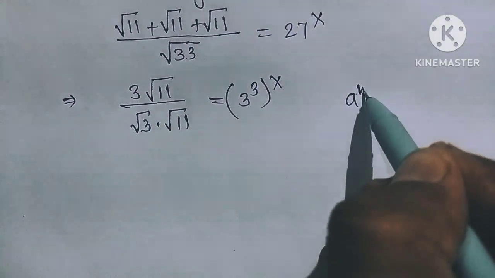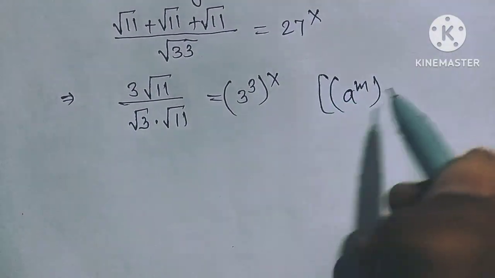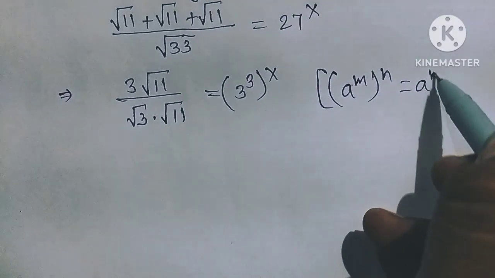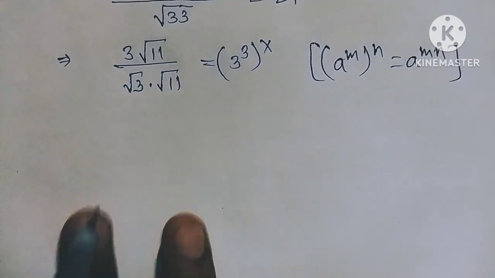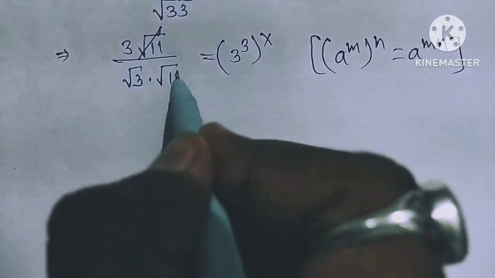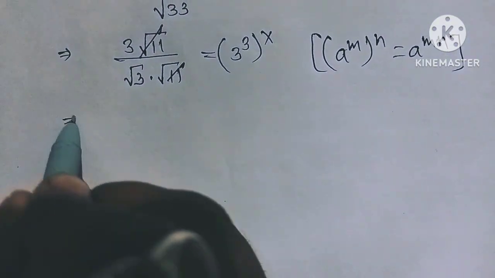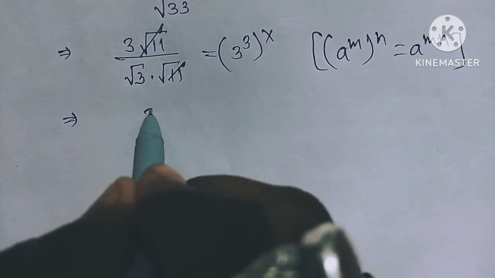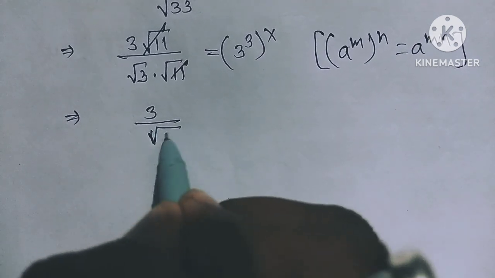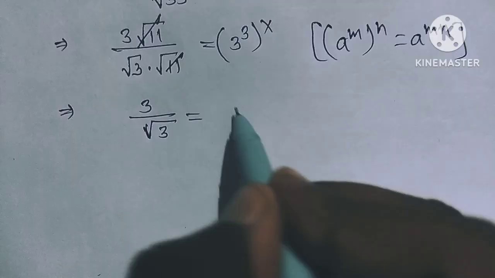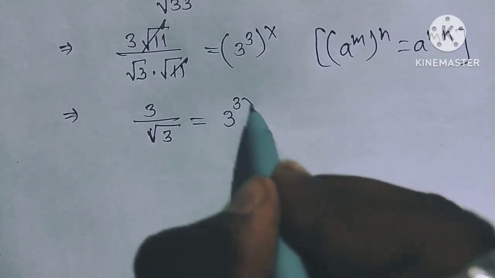Here a raised to the power m raised to the power n equal to a raised to the power m into n. Now under root 11 cancel. Now we can verify 3 by under root 3 is equal to 3 raised to the power 3x.